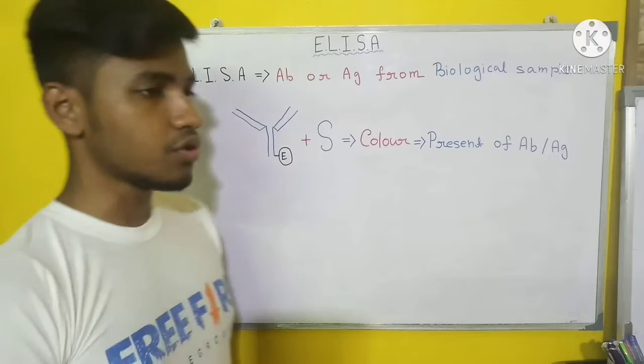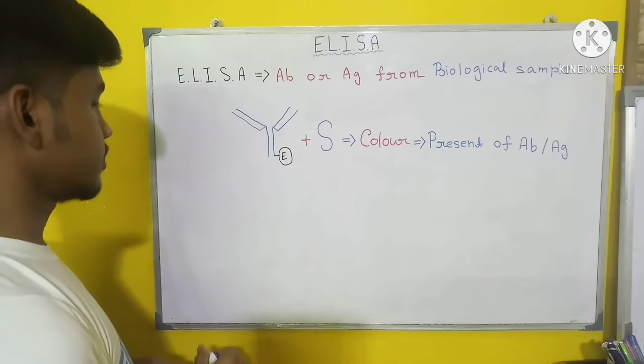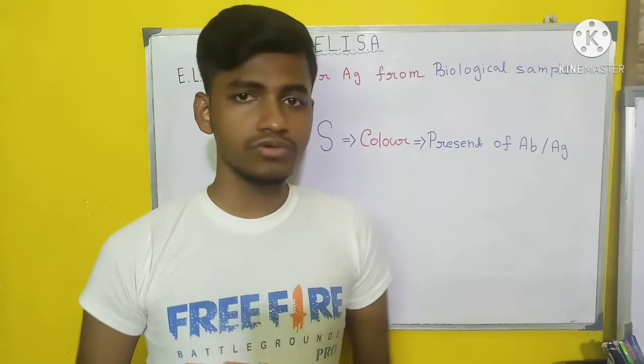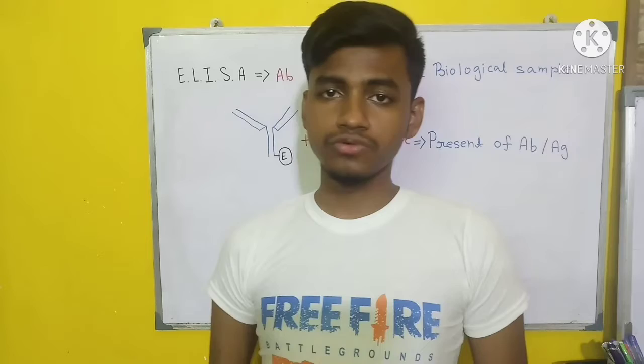Now we will talk about the types of ELISA. Enzyme linked immunosorbent assay is of two types.